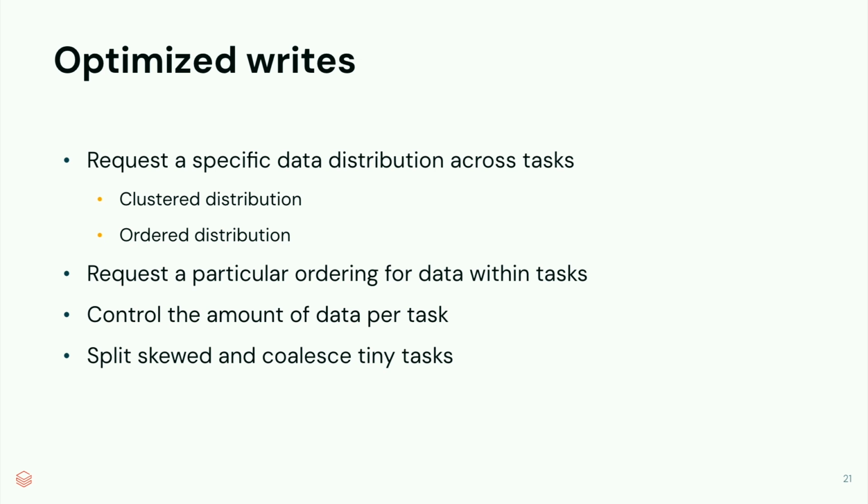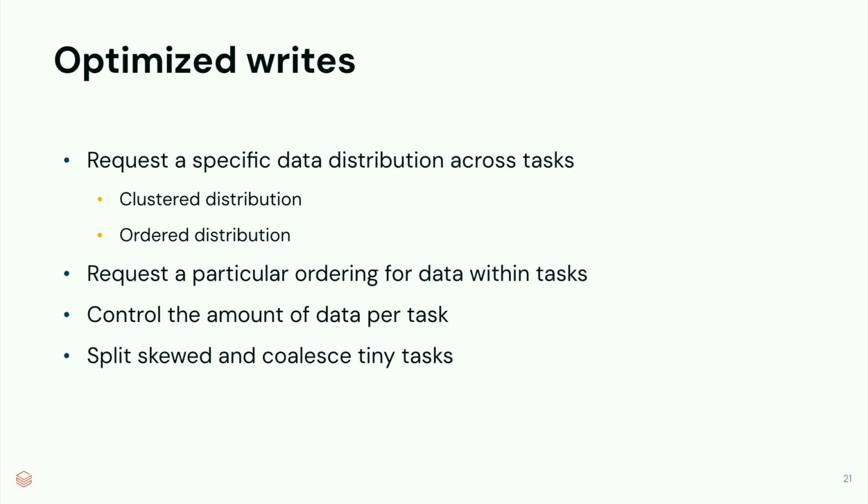Connectors can also control the size of that task, right? They can indicate what's the target size of the task they prefer. Previously, it was on users to pick the right number of shuffle partitions to make sure that your writes are having enough parallelism but not generating too small files. And it was really hard because you didn't necessarily know all the table config and whatnot.